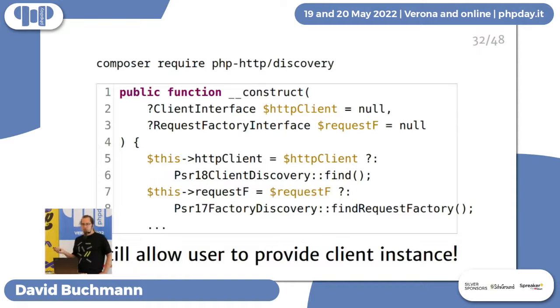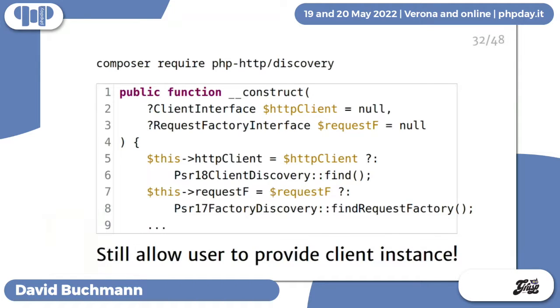So basically, you could require this in your library or in your application. And what I strongly recommend, if you do that, is to still allow injecting instances and only use the discovery as a fallback, so that your users have a chance to say, well, I need this client to be set up in this and that way.